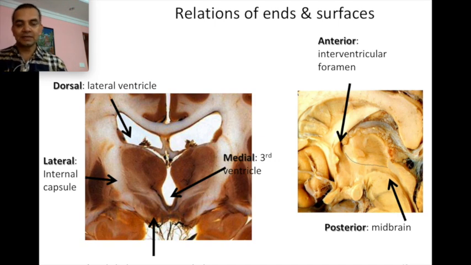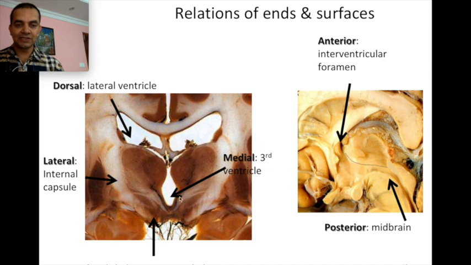Now summarizing the last three or four slides, we can mention the relations of thalamus on its ends and surfaces. On the dorsal surface we have lateral ventricle. On the lateral surface we have internal capsule.